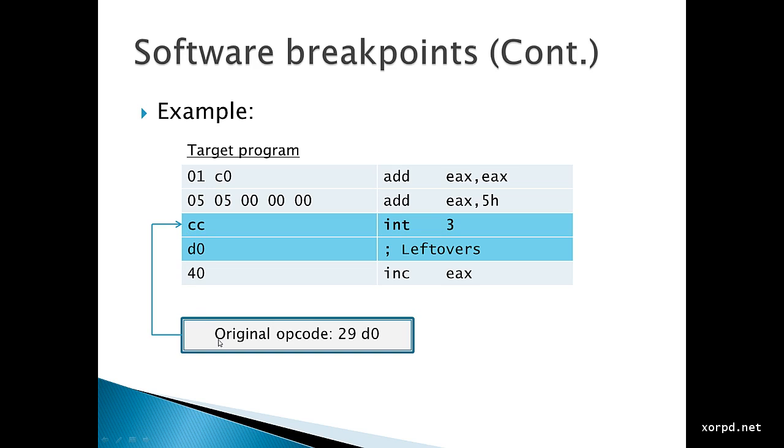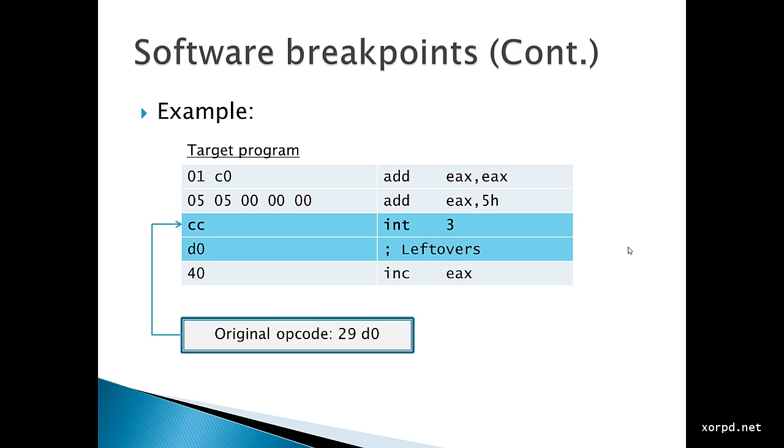The debugger will also care to remember the original opcode, which was 29D0. That is because after we pause the program at this point, we want to restore the original instruction because we don't want to ruin the program. We want it to continue to run just as it should.